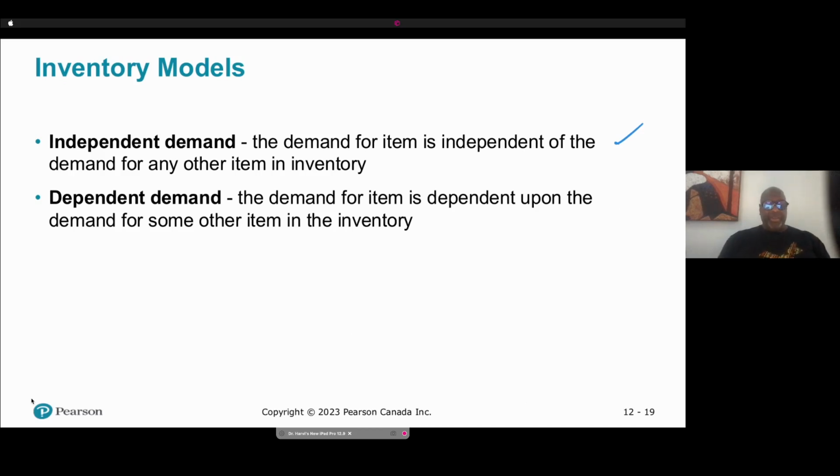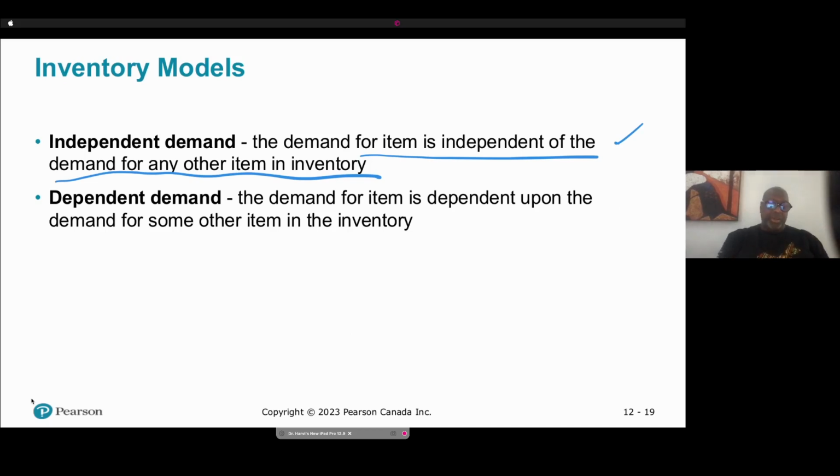So independent inventory would just be your finished good items, what we stock in the retail facility or in the warehouse. It is an item that you would sell to a consumer, right? And that item does not depend on any other set of items. It is independent of others.